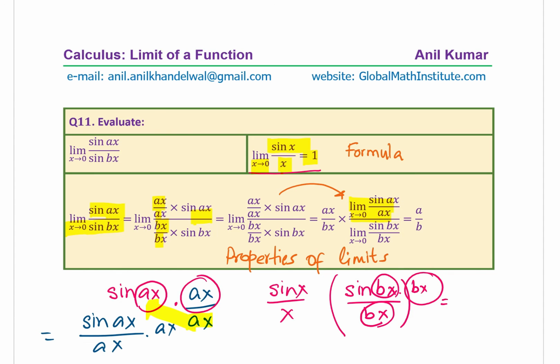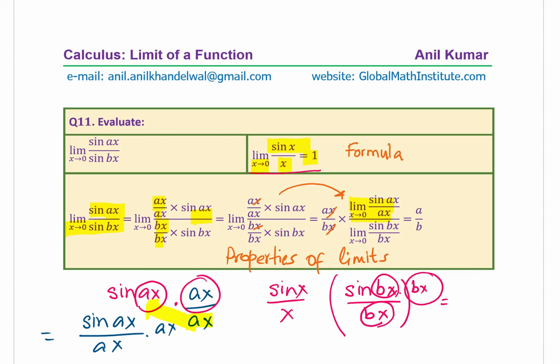Clear? Now, actually speaking, when we have this ax over x, we should first cancel away x. Since a over b is not dependent on x, we could take it outside, right? So it should be taken outside after canceling. So I should have cancelled x from here. You get the idea.